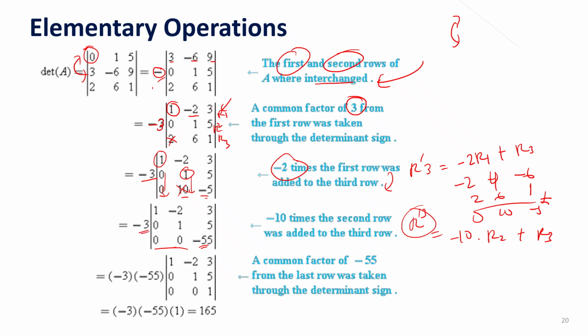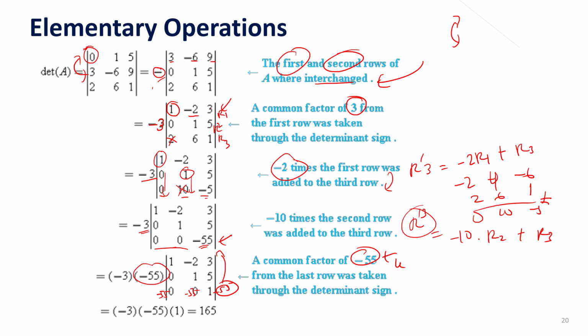And finally, now you can take this one out, minus 55, just to make it become 1. So you have a common factor of minus 55. It is actually minus 55 multiplied by 0, minus 55 multiplied by 0, minus 55 multiplied by 1 to get the original row. Because you multiplied it with minus 55 as the k value, you can take the minus 55 out to here.